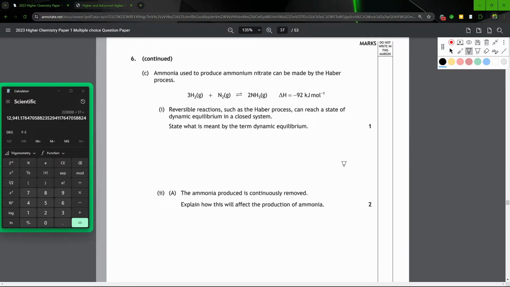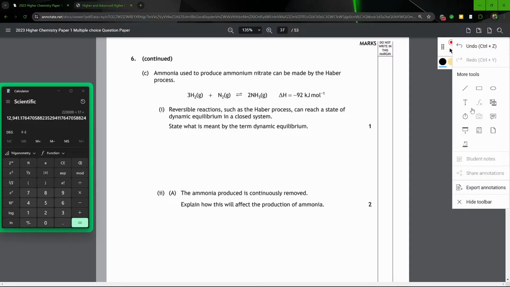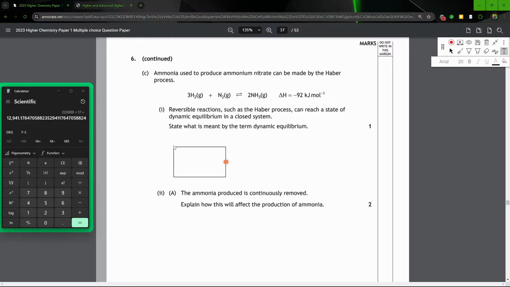Ammonia is used to produce ammonium nitrate that can be made by the Haber process. Reversible reactions, such as the Haber process, can reach a state of dynamic equilibrium in a closed system, stated by the term dynamic equilibrium, and this is again one of those definitions that you're just going to have to learn the old-fashioned way.